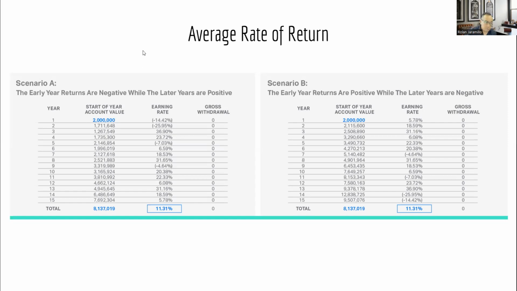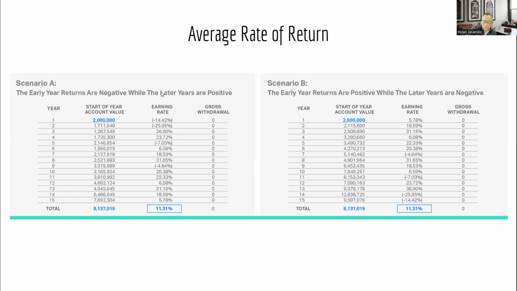Otherwise, here we go. Probably the best way to explain what sequence of returns risk is by starting off with understanding average rate of return. So here we go. Take a look at the screen.